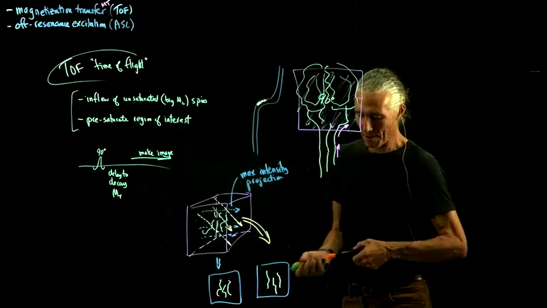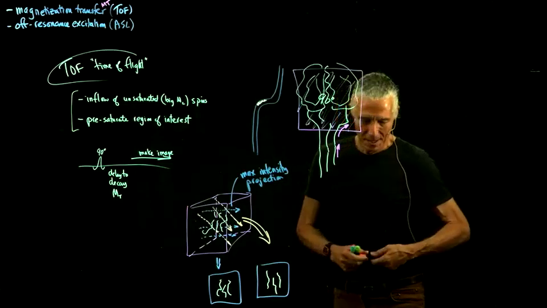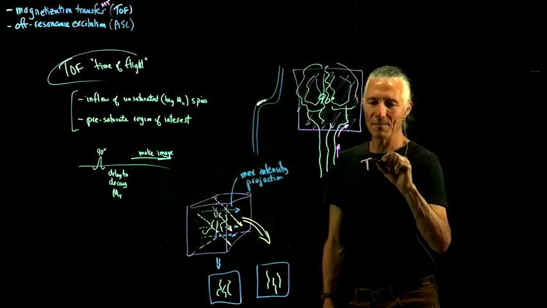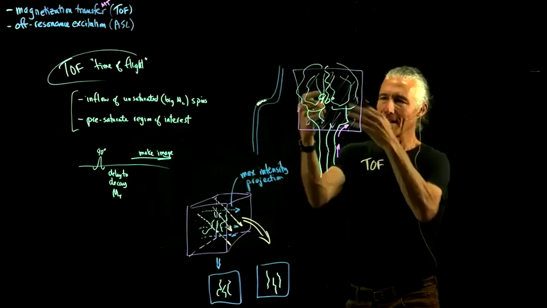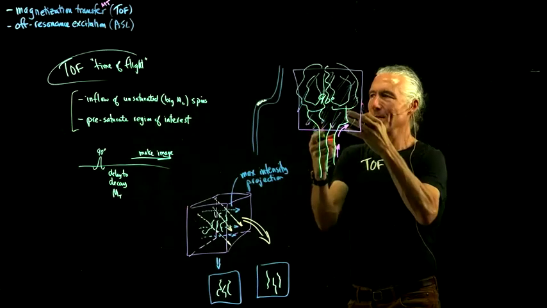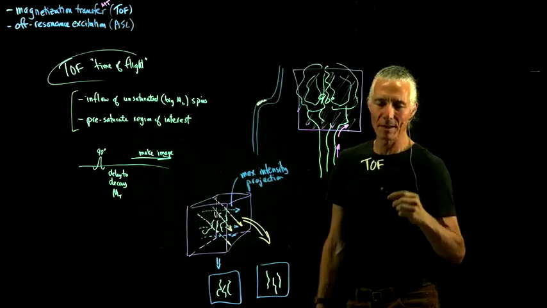And so how does that work? Well, if you do a time of flight, so basically just saturate this block, wait a little bit, and then take an image of it to let the spins come into it.